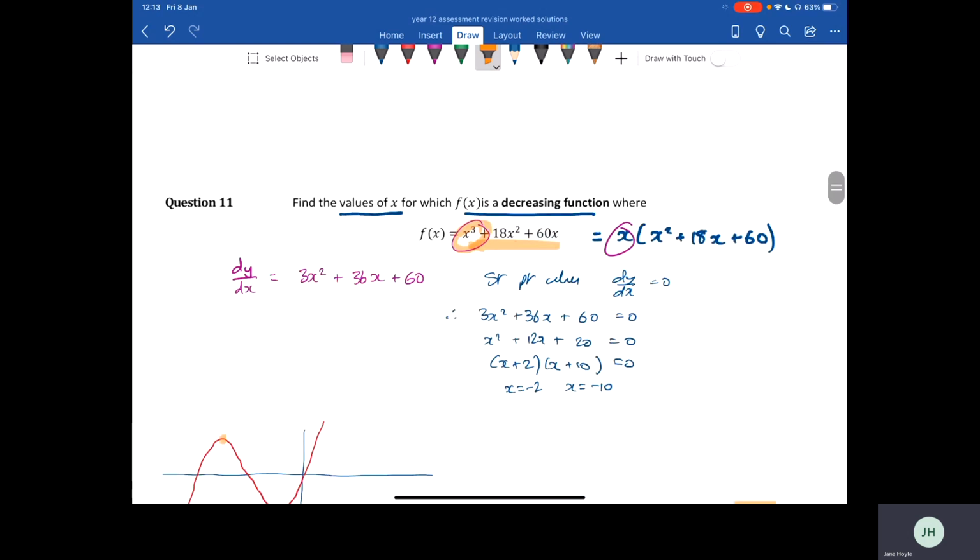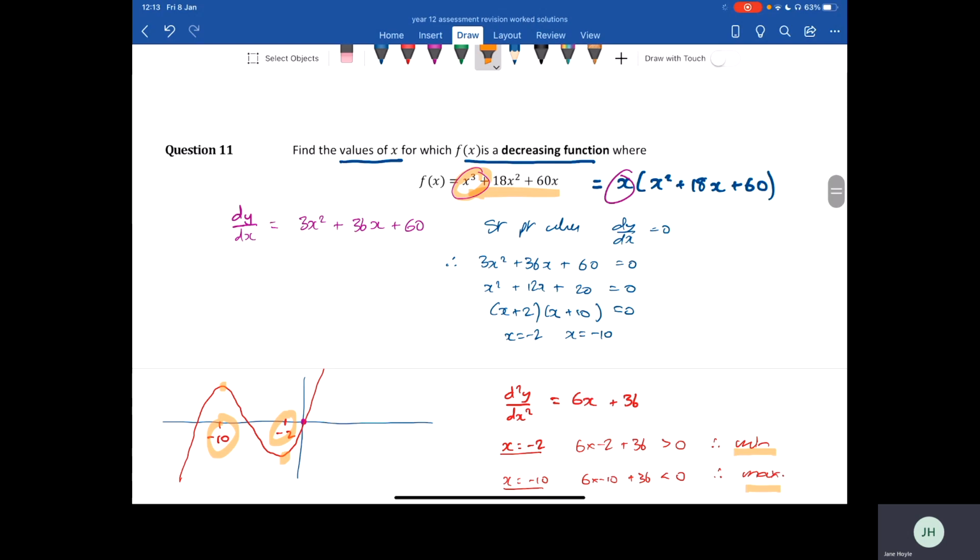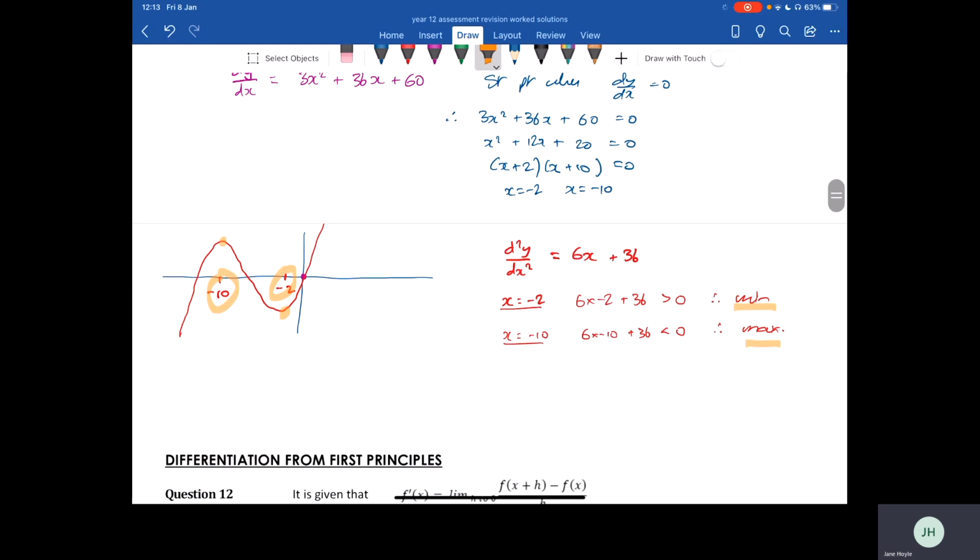What the actual question wanted me to do was to state the values for which it was a decreasing function, and we can see that it's decreasing. When is it getting smaller? It's decreasing from that turning point there all the way down there, and then at this stationary point there, that is when it turns around and starts going back up. So I can see from the graph, but you'd also be able to work it out from here, but I'd want a backup.